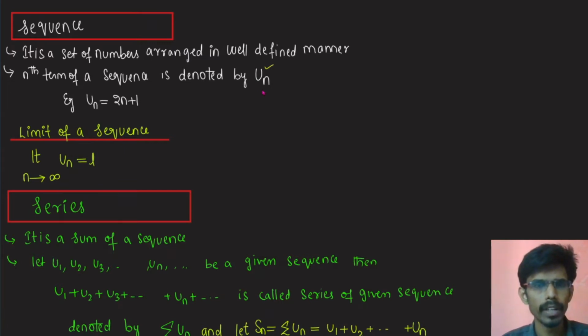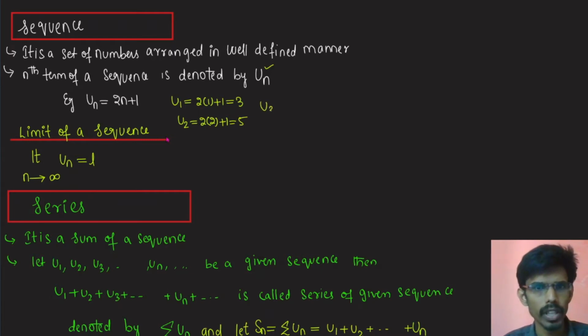The nth term will be denoted by un. For example, we take un equal to 2n plus 1. If I put n equal to 1, this will become u1. u1 will be 2 into 1 plus 1, that is 3. Now if I put 2, we get u2, that is 2 into 2 plus 1, this will be 5.